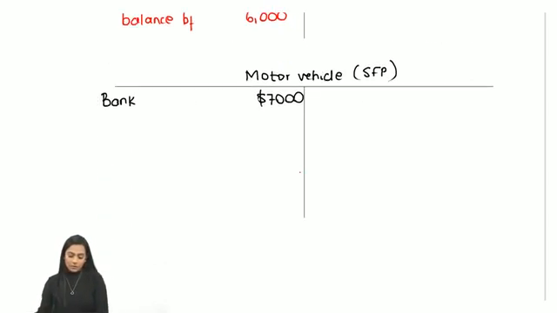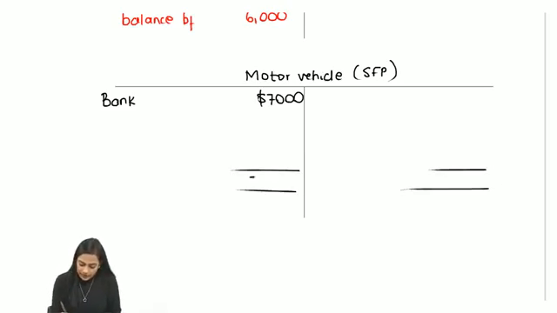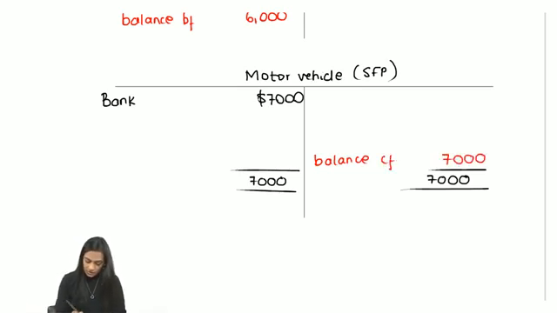And motor vehicle, finally, we have 7,000, 7,000. Motor vehicle is an asset, so we are going to have a balance carried forward, 7,000.